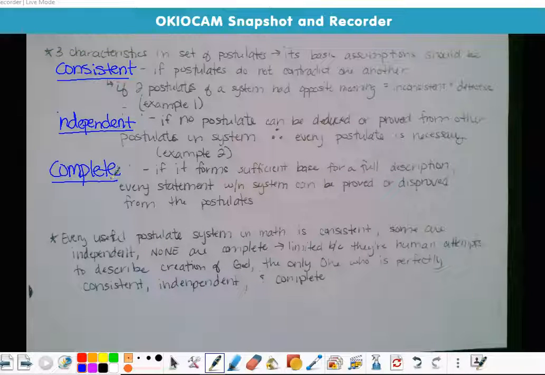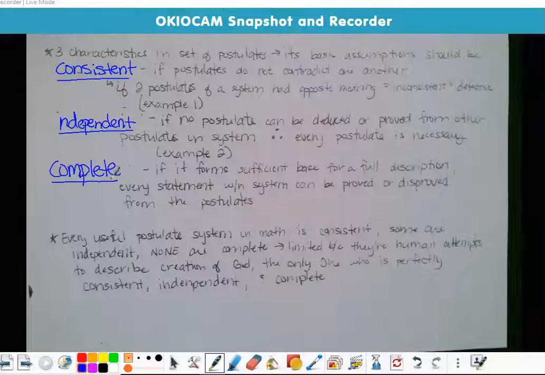All right, now I love this little star notation down there. Okay, every useful postulate system in math, because there are actually more than one. Like there's a Euclidean geometry, but there's also some other types. There's a little bit more information in your book. We're not going to study that a bunch. But every single one is consistent. Some are independent.